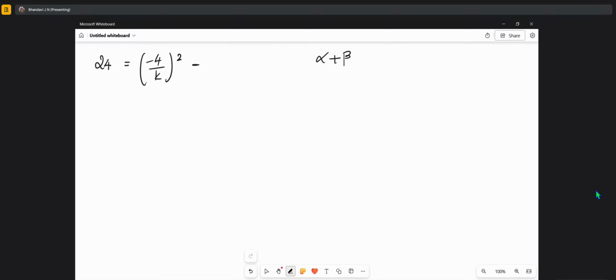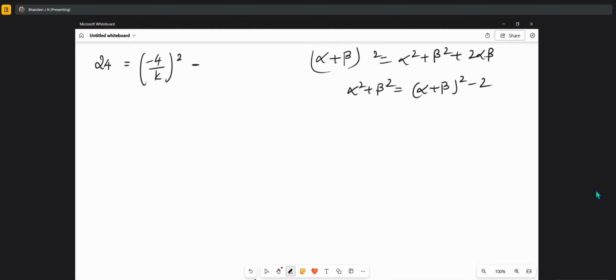So alpha plus beta whole square will be equal to alpha square plus beta square plus 2 alpha beta. So alpha square plus beta square will be equal to alpha plus beta whole square minus 2 alpha beta. So this is 24, we already know. Alpha plus beta is equal to minus 4 by k whole square minus 2 into alpha beta.